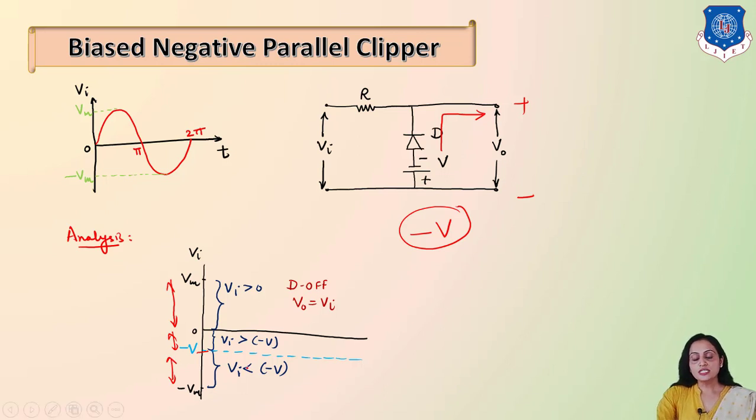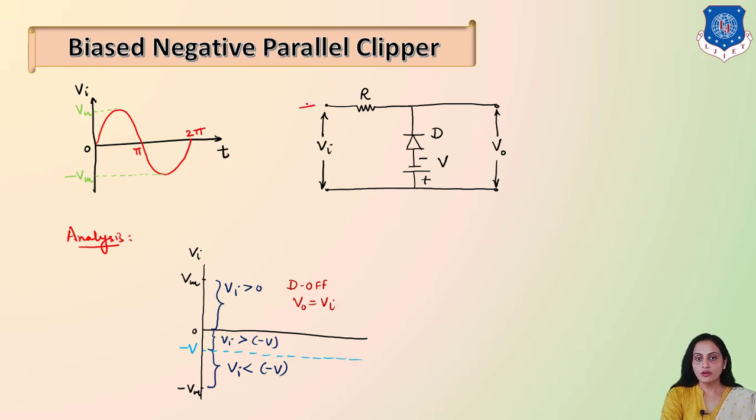During the positive half cycle, that is Vi greater than 0, what happens? For that, just look at this. I have kept the polarity plus minus. During the positive half cycle, you will find that the cathode is connected to plus. That is why this diode is in the reverse bias condition. That means the diode is off.